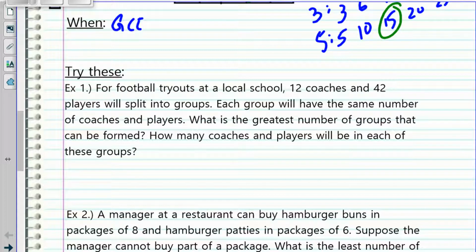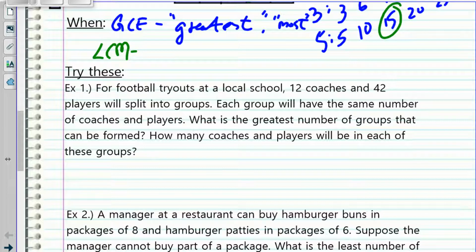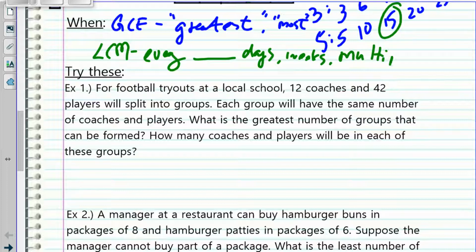Greatest common factor involves a keyword. It's always the greatest, most, words like that, right? Whereas the least common multiple tends to use every so and so, every however many days, weeks, something like that. So in other words, it's the language of using multiples.